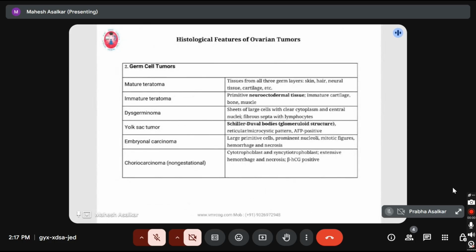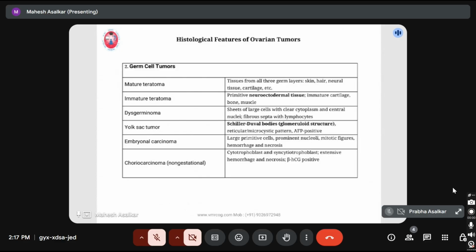The next is germ cell tumor. We know that mature teratoma is a tumor which has features from all 3 layers, that is endoderm, ectoderm, and mesoderm. If it is a mature teratoma, there will be all 3 germ layers like skin, hair, cartilage, neural tissue, etc. If it is an immature teratoma, there will be primitive neuroectodermal tissue, immature cartilage, bone, muscle.